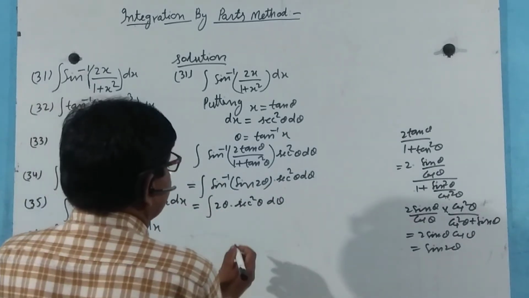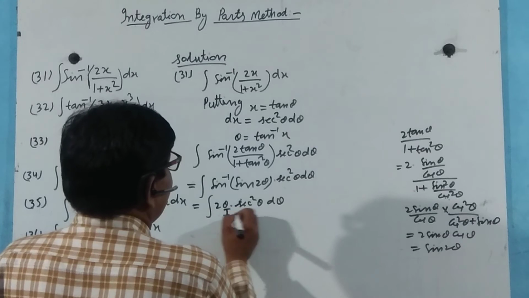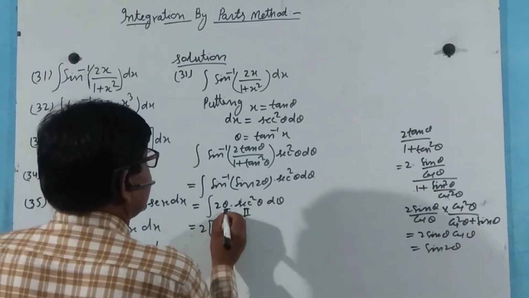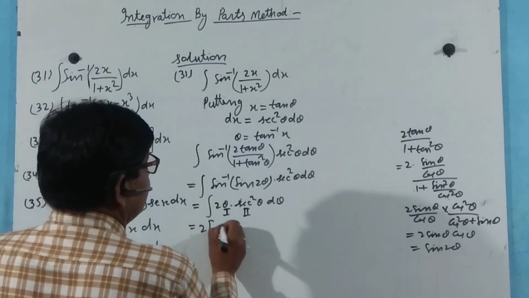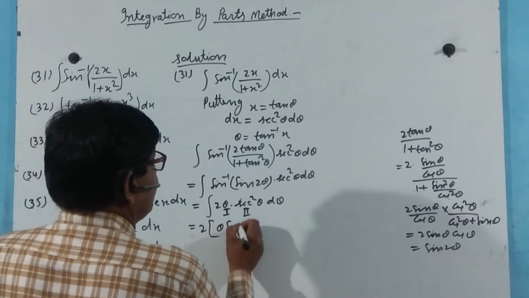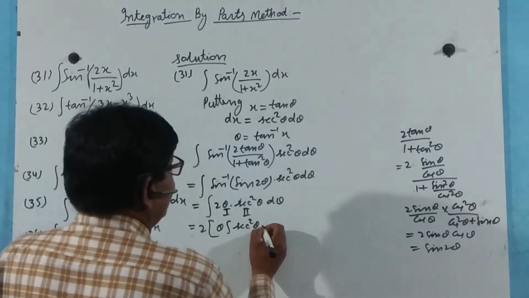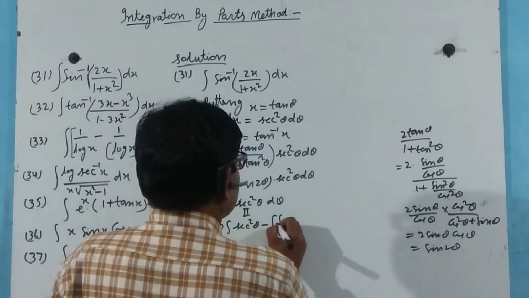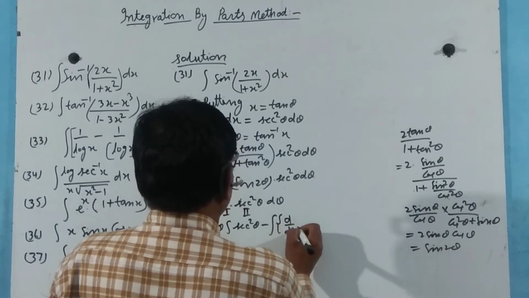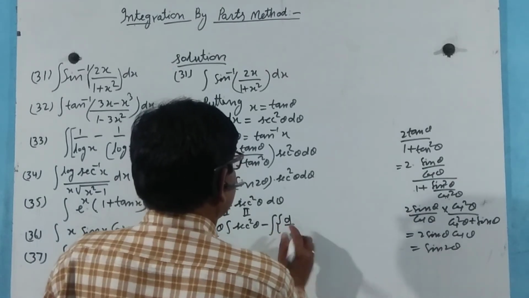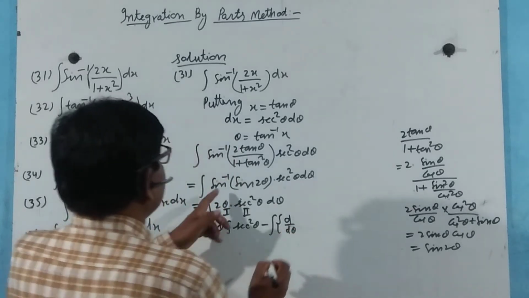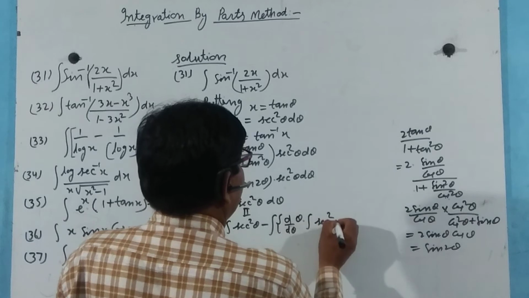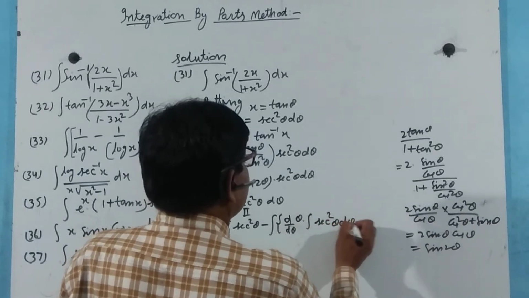Now in this case, this is the first term and this is the second term. 2 comes outside, so that first function times the integration of the second function sec square theta, minus the integration of the derivative of the first function, d by d theta of theta, times the integration of sec square theta, d theta.